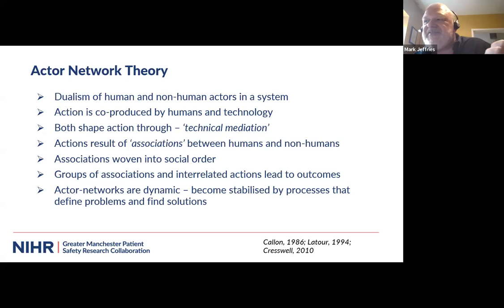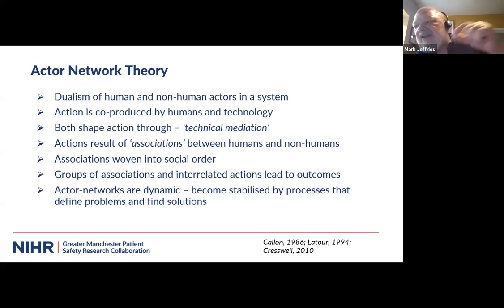Because of that, to achieve goals of action, the properties of the technology and the properties of the human come together to shape each other. Technology will shape what the human actor does. The human actor using the technology will shape what can be achieved by that technology.